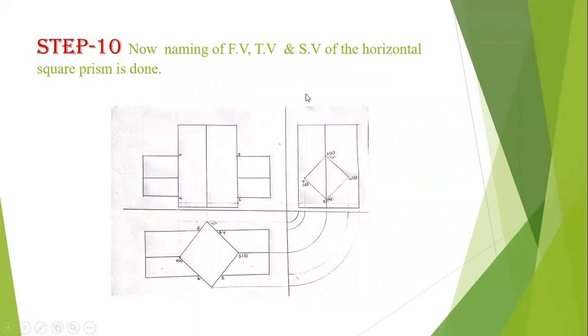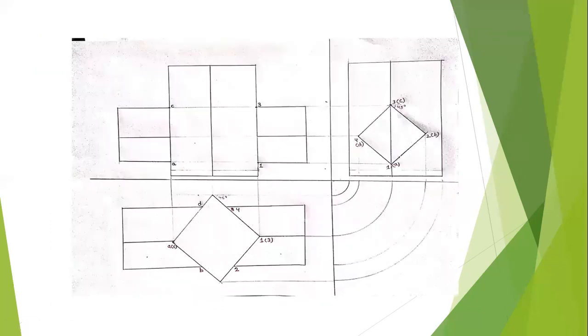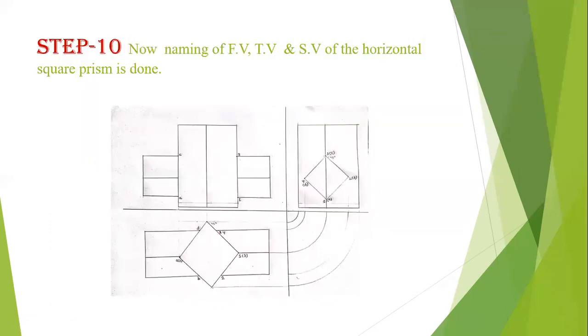Now with the help of the front view, top view and side view of the horizontal square prism, we are going to find the intersection points in the front view, that is here, with the help of the line method. The line method basically says that each and every corner from the front view is projected.